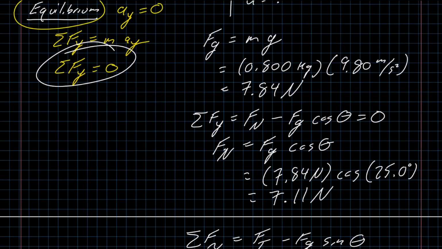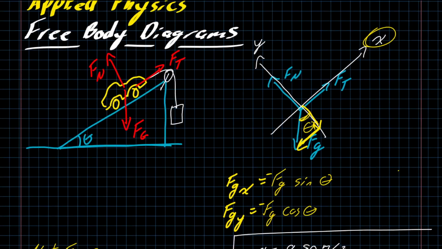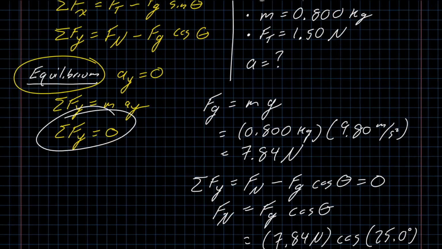Let me scroll back up here and remind us of what's going on. Right? So negative in the x direction means going this way, which is a reasonable result. The mass that we have hanging here is not sufficient to pull the cart up, so the cart is going to roll down the hill. The acceleration is going to be given by the force. Our mass is 0.800 kilograms.